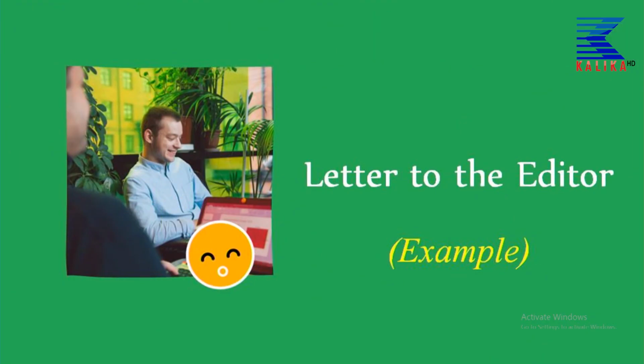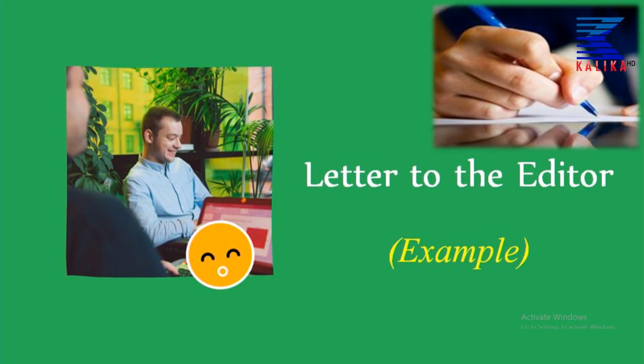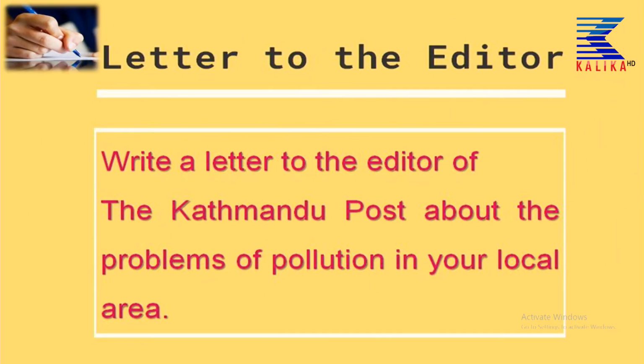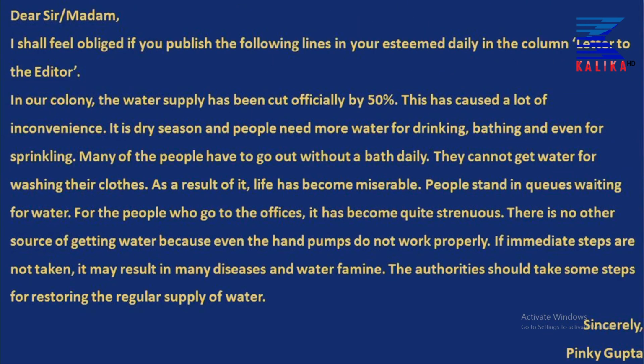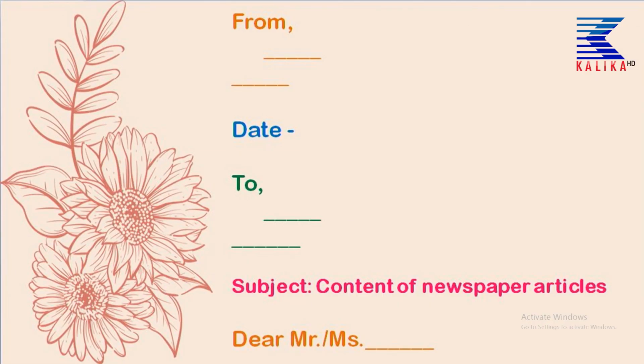Now the structure, let me rewind the structure so that you can write well. Your address from where you are writing a letter to the editor should be on the top right, and just below it the date, please try to write the English date, and on your left just below it you may write the chief editor or editor in chief or the editor, and name of that newspaper, and its address.